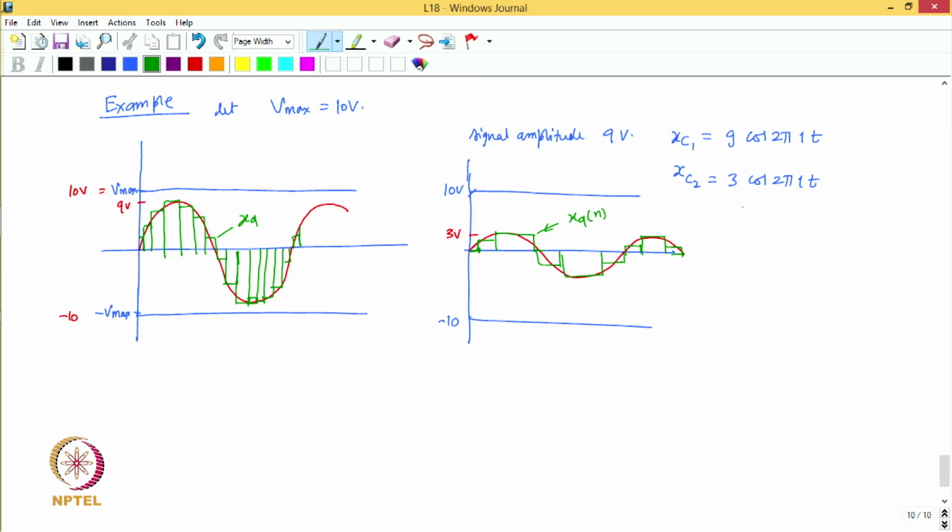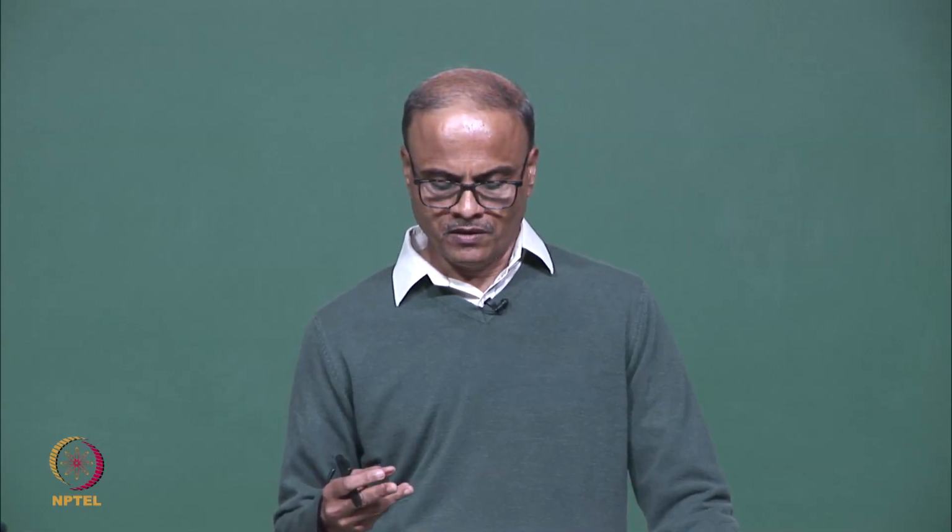So, we have a large quantization error here, because most of the signal amplitudes would be basically rounded up to the first few quantization intervals, and other quantization intervals are not utilized for signal discretization. So, that is why the choice of the maximum voltage here is not optimum. The 10 volt is much higher than 3 volt. A better maximum voltage would have been somewhat more than the 3 volt signal level.